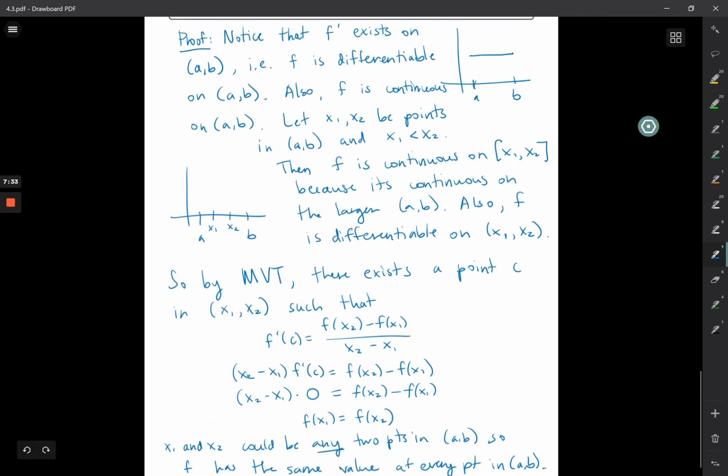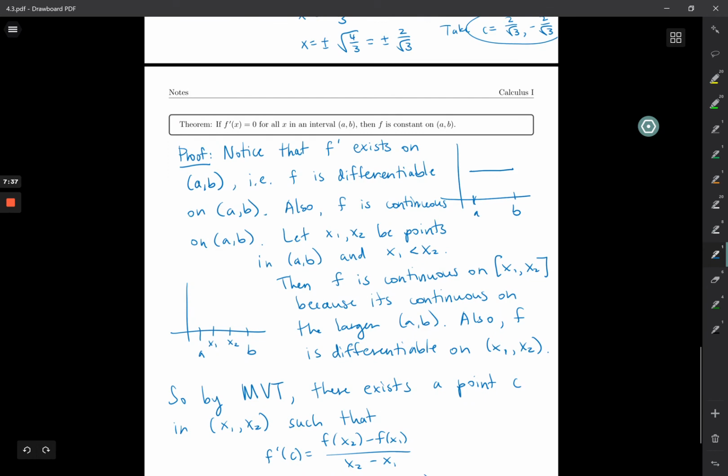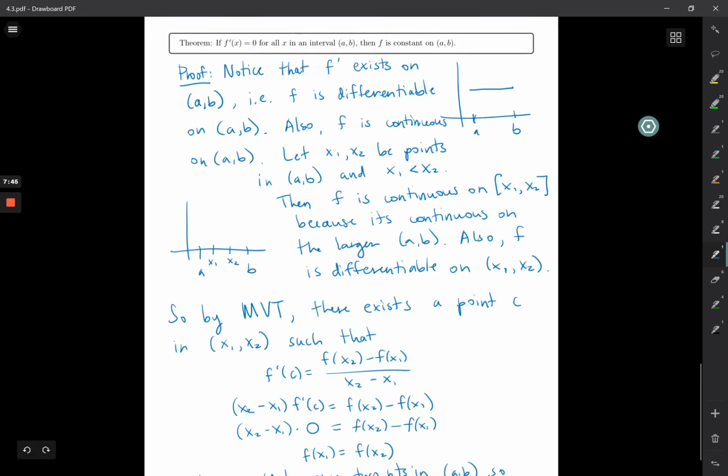Now, unfortunately, I've run out of room, so I'm going to write something else up at the top. Okay, so this was our proof of this fact, so that's done now.